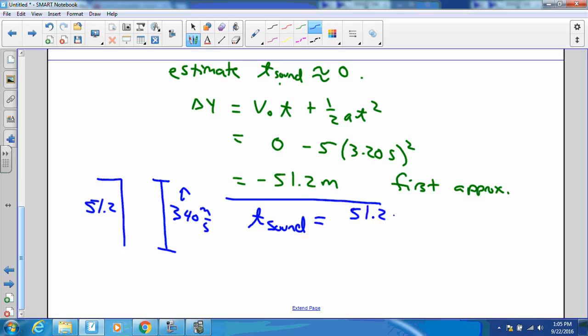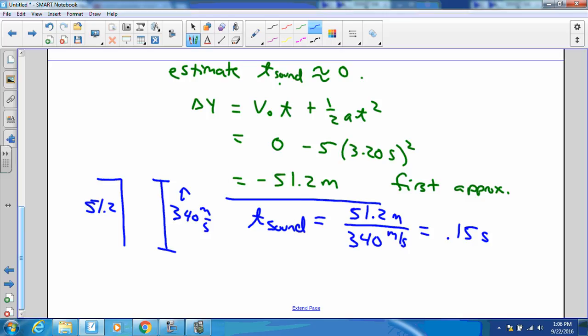We're going to say that the time that it takes for the sound to travel is going to be the distance, 51.2 meters, which is pretty close, divided by the speed of sound, which is 340 meters per second. And when we do, we find that the amount of time that the sound actually travels is 0.15 seconds.